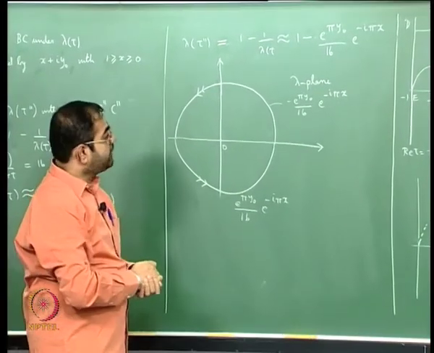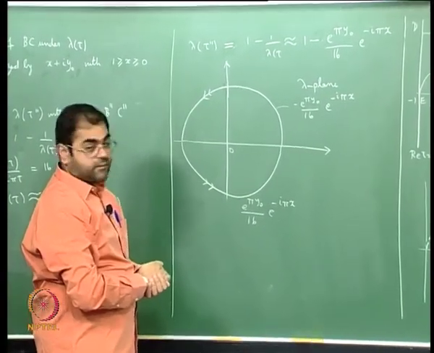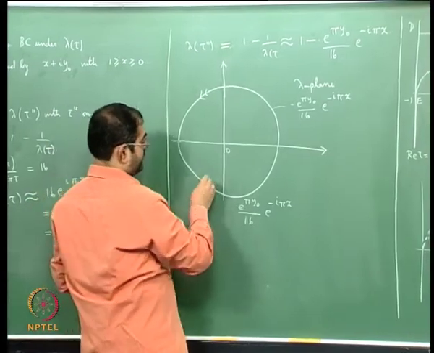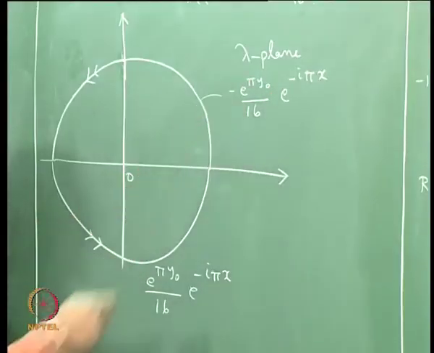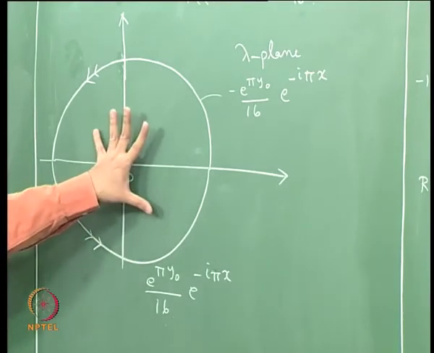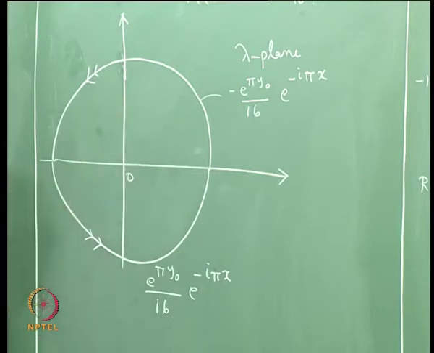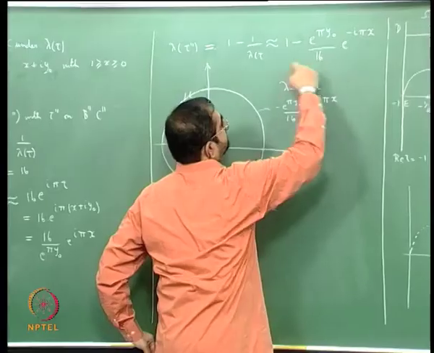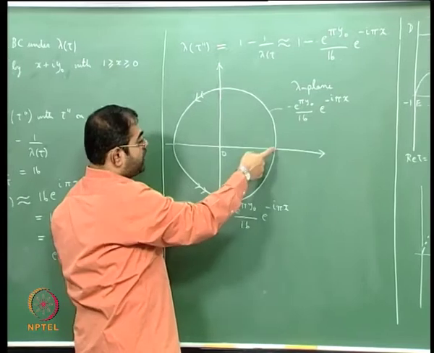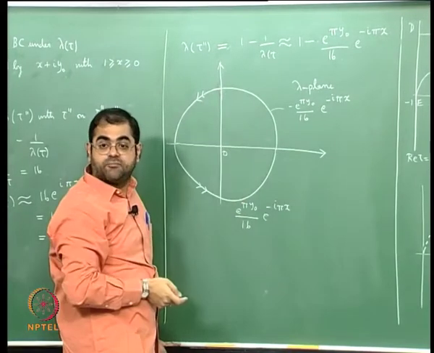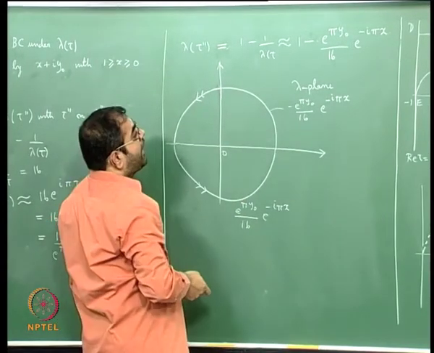Mind you, the radius of this circle is pretty large, it is e power pi y naught by 16, and you have assumed y naught is positive and large enough, so this is a huge circle. This is a huge semicircle in the upper half plane.